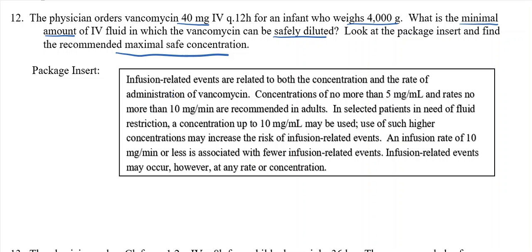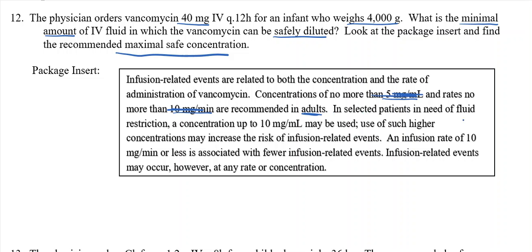So if we read through here, infusion-related events are related to both the concentration and the rate of administration of vancomycin. Concentrations of no more than 5 milligrams per milliliter and rates no more than 10 milligrams per minute are recommended in adults. Okay, so we don't need this because these are for adults.